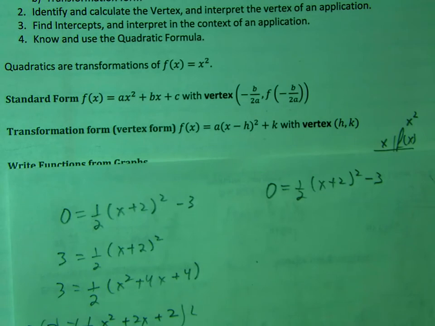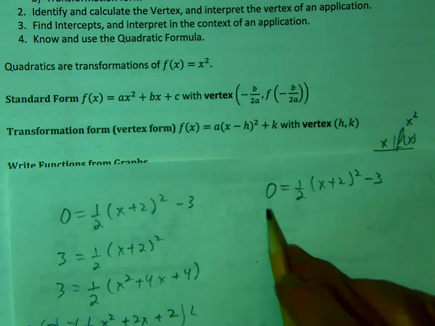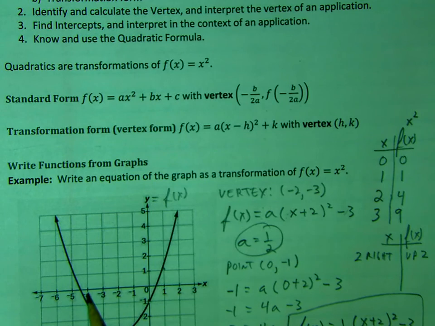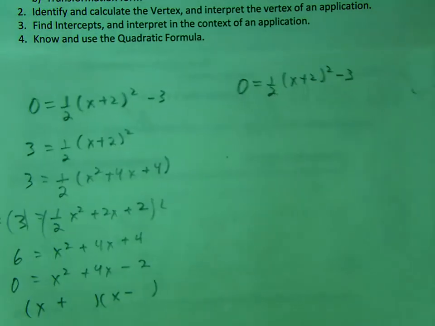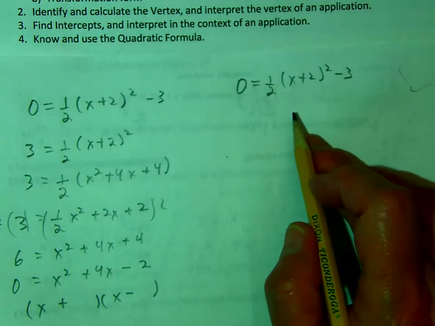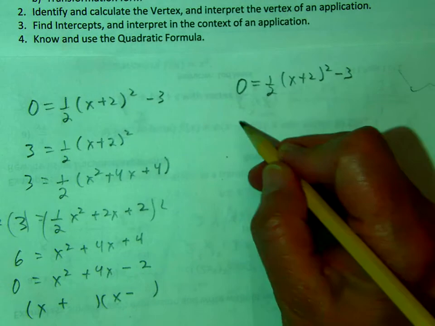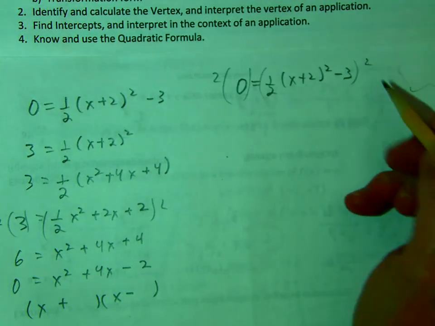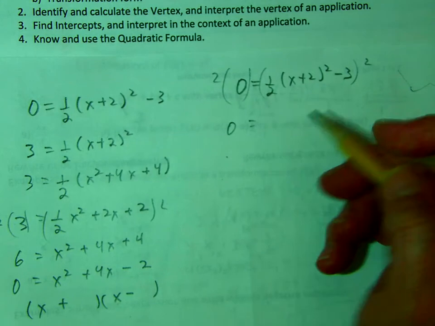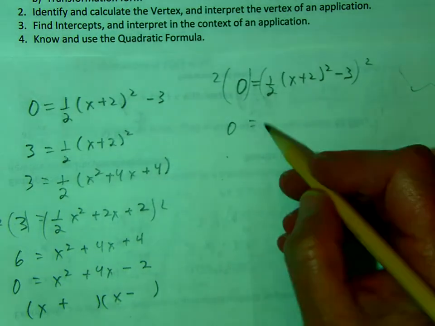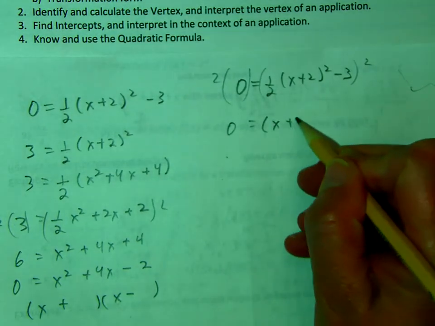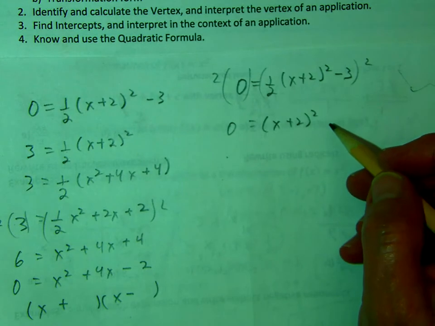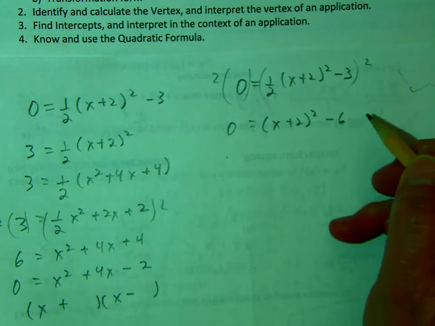So here I'm solving for when f of x is 0 to find the value of these intercepts here. And I'm going to multiply the whole equation by 2. So 0 equals (x plus 2) squared minus 6.